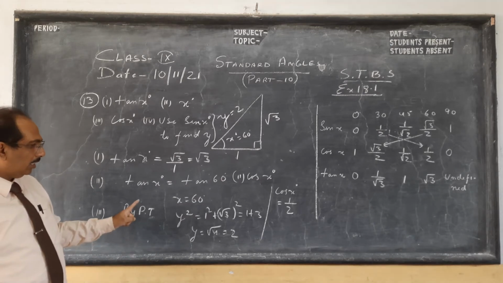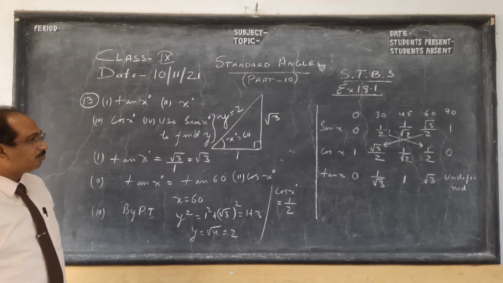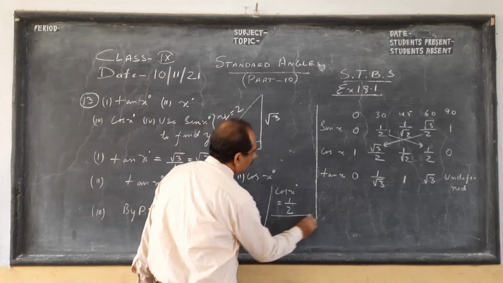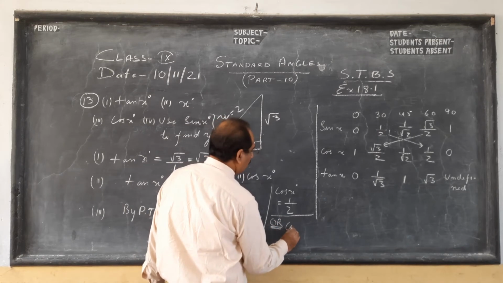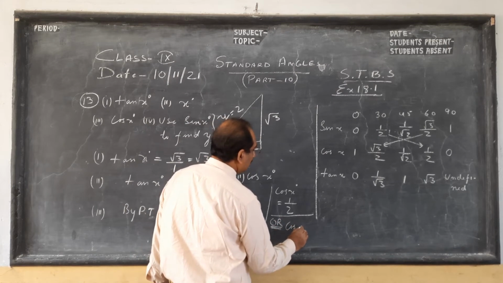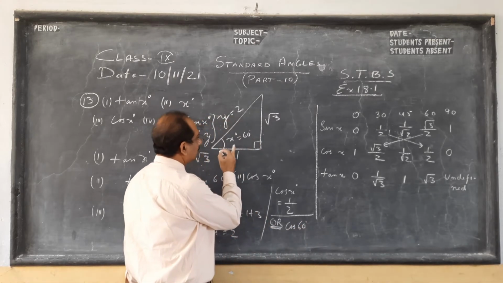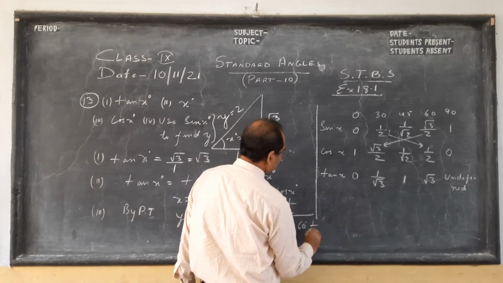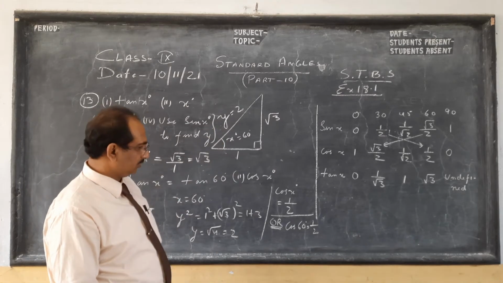Or there's another way, since we have got the value of x, without using Pythagoras theorem. This is what I think the book wants. Cos of 60 degree, that is x, we know is half. So if this is 1, this will be 2.